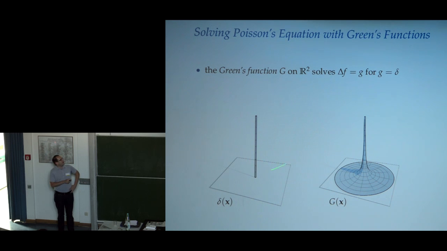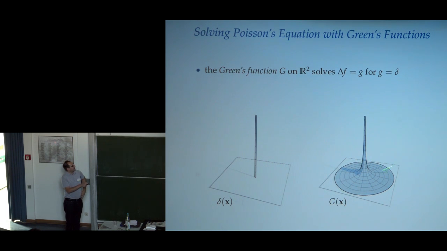Let's say I have a spike here and also a spike over here. So I've got two spikes, and I want to solve Laplace f equals those two spikes. How do I do it? Yeah, I just take this solution and translate it.